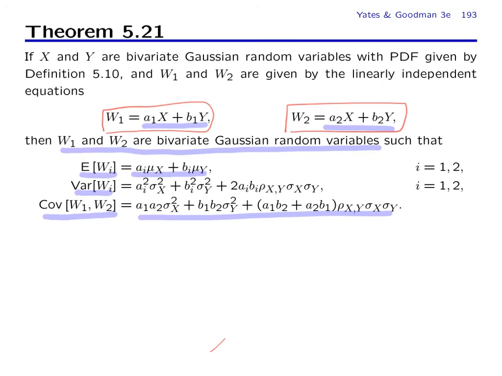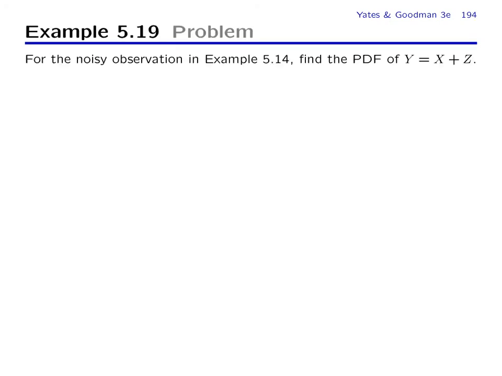bivariate Gaussian. So going back to the example of the noisy observation, we have an output y, which is the sum of a Gaussian signal x plus a Gaussian noise z. And the signal x and the noise z are independent.